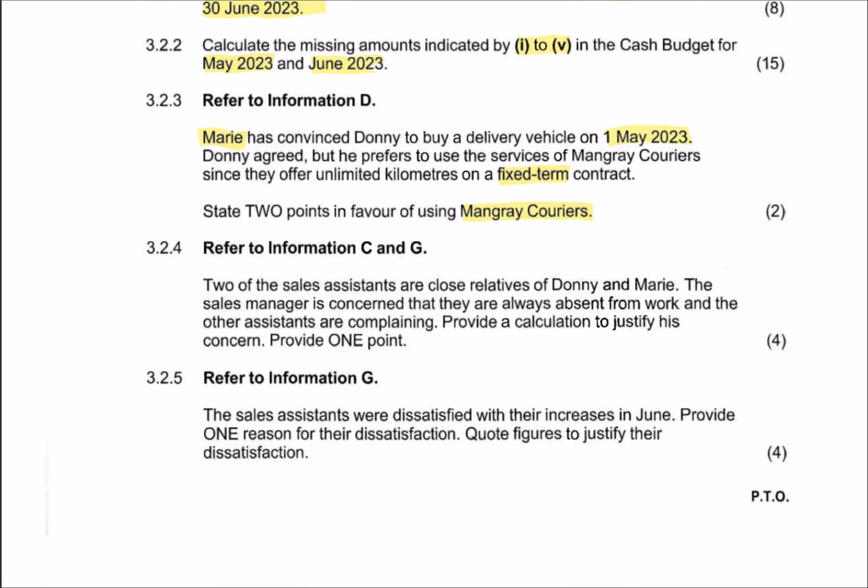Then refer to information C and G. Two of the sales assistants are close relatives of Donny and Mary. The sales manager is concerned that they are always absent from work and the other assistants are complaining. Provide a calculation to justify his concern, and provide 1 point about the other assistants.